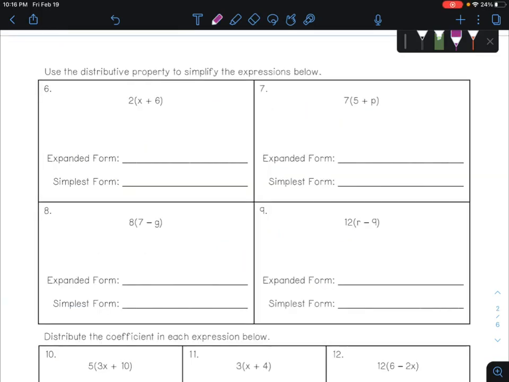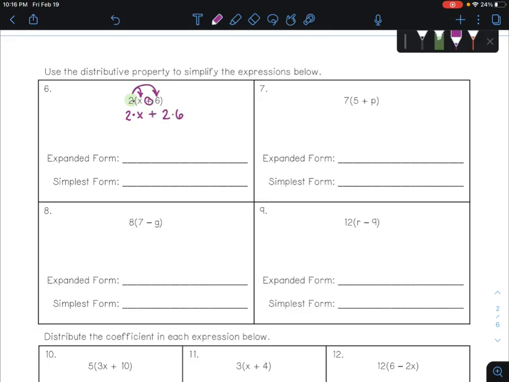For these next few examples, we're just going to practice the distributive property to get a feel for the process. So remember that whenever you have the number out front of the parentheses, there's an invisible multiplication there. We're going to share that 2 times with the x inside and the 6 inside. So 2 times x, 2 times 6.